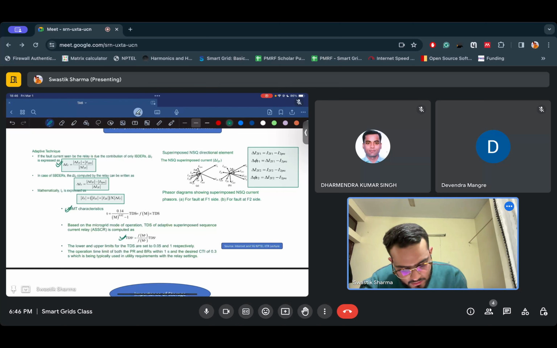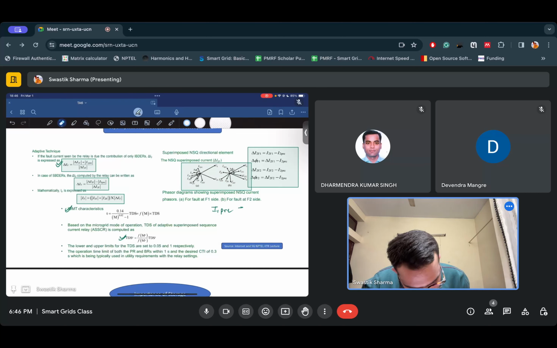If you do it, you will find the same phasor diagrams, and based on these phasor diagrams, how the quantities are leading or lagging the polarized quantity, which is the pre-fault current. The pre-fault current in this case, the negative sequence pre-fault current, is our polarizing quantity.